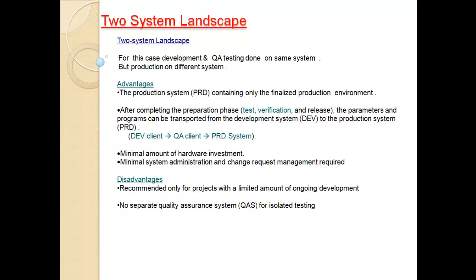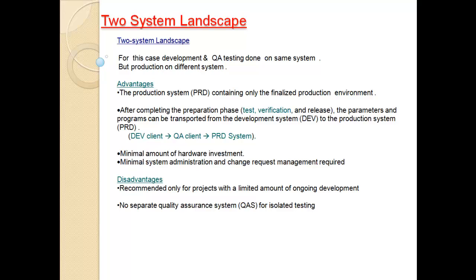What about a two system landscape? In this case, development and quality testing are done on the same system but production on a different system. Even so, there are some disadvantages if we keep development and quality on one system. If any changes are made in the quality, we don't know whether they have been changed in the development or in the quality.